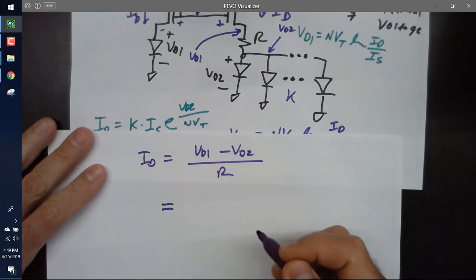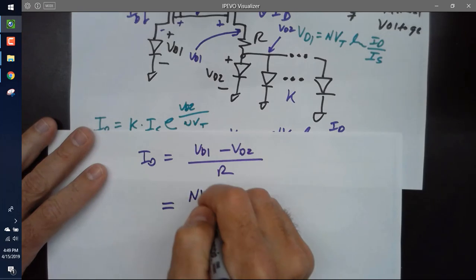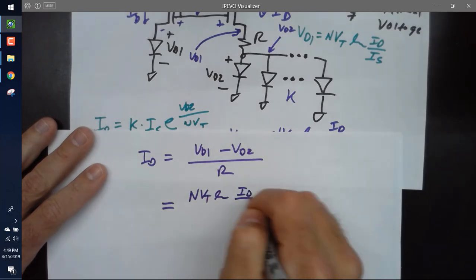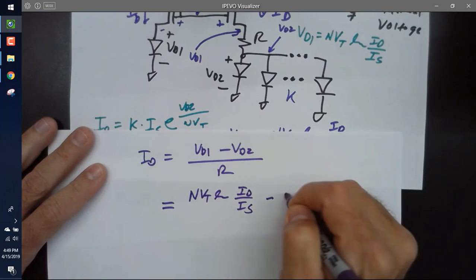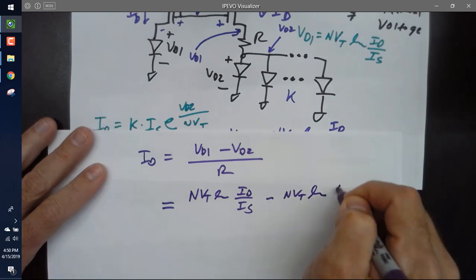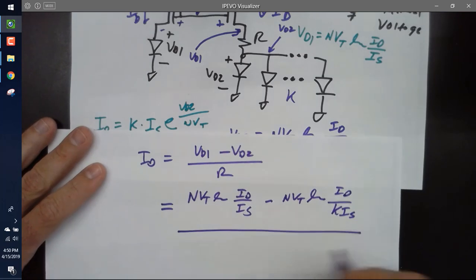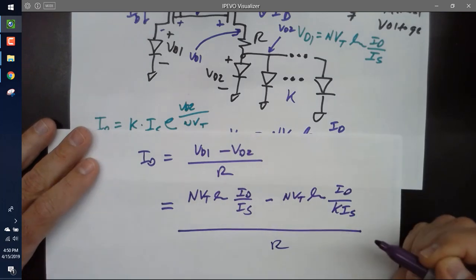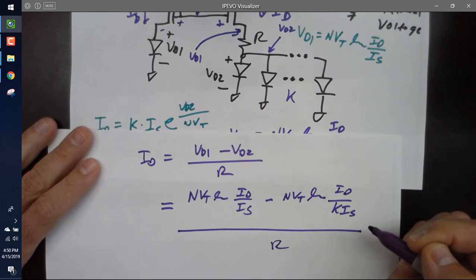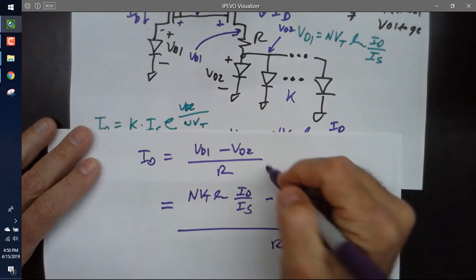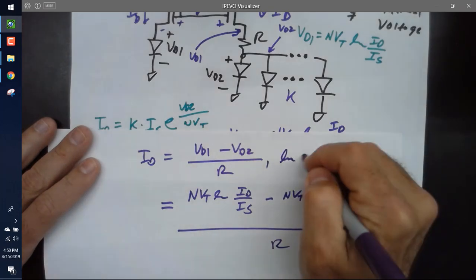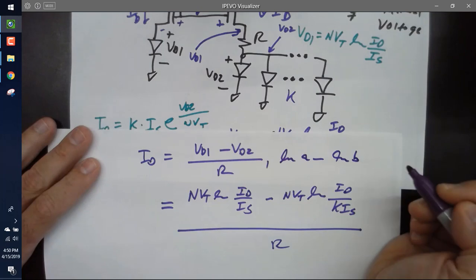And wouldn't I be able to write that as NVT natural log of ID over IS minus NVT natural log of ID over KIS, divided by R? Anybody agree with that? And refresh my memory, what's the natural log of A minus the natural log of B?